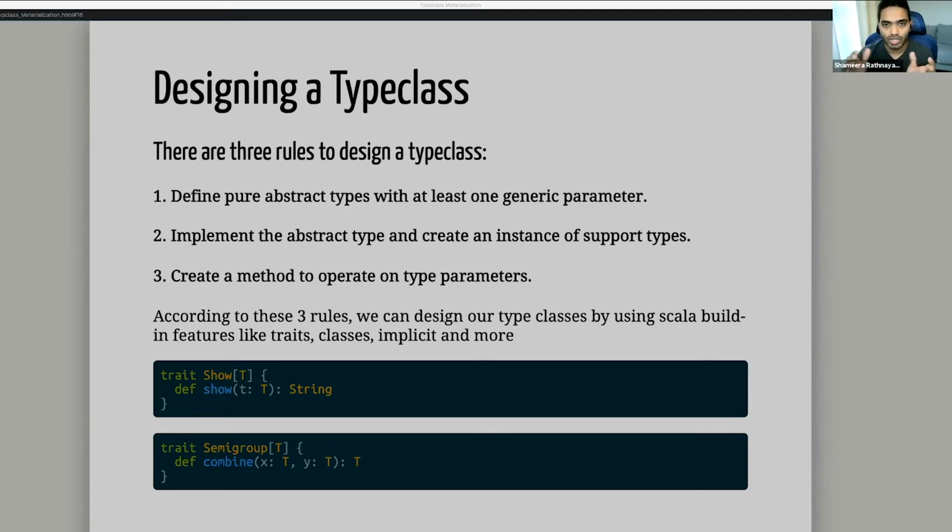Both Show and Semigroup have one generic type parameter, which is T. So as I said, we can use traits to design these type classes.